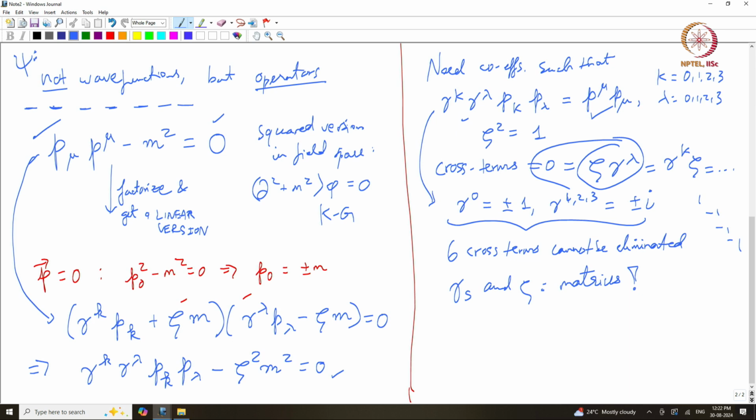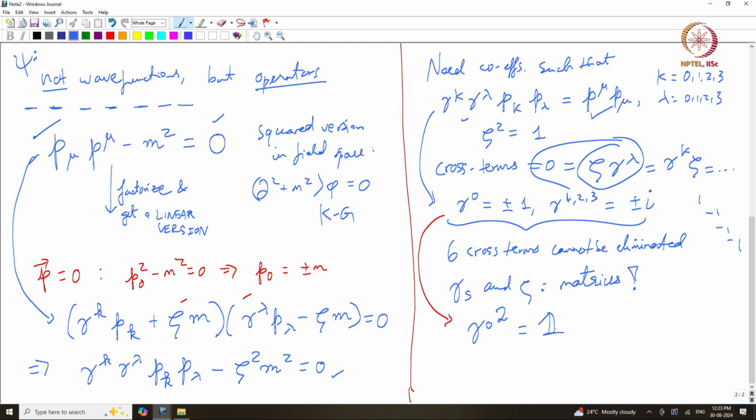Right away you see that these conditions now could be translated as, in matrix language, I can now write gamma 0 squared is what? It is the identity matrix.